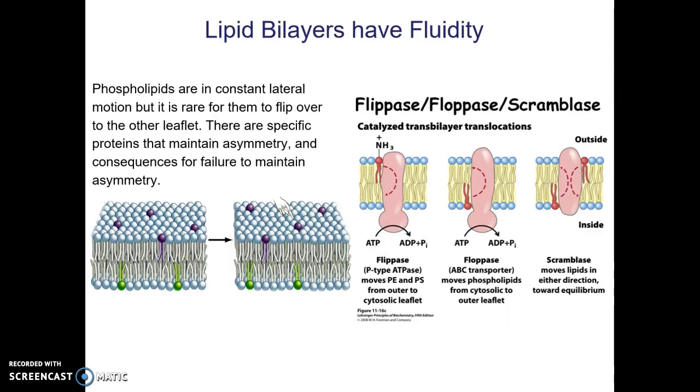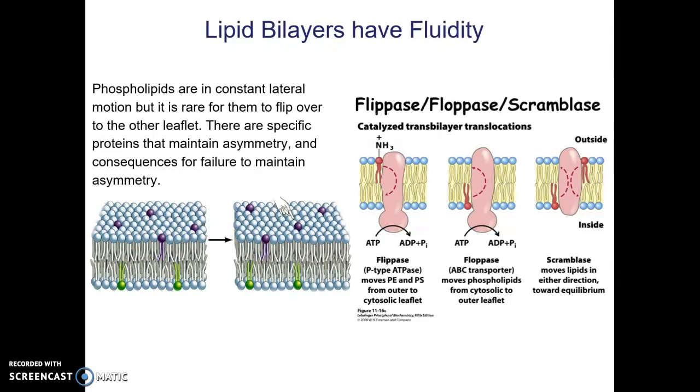So flippases, floppases, and scramblases, these are active transport. This is going to require ATP to allow for this to happen. And so, like I said, flippases are going to move things into the inner leaflet.